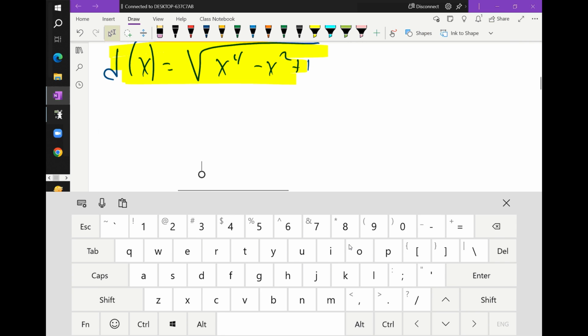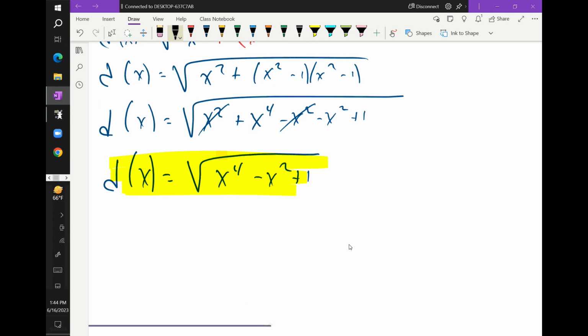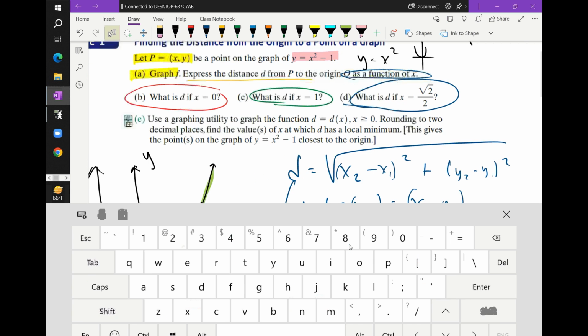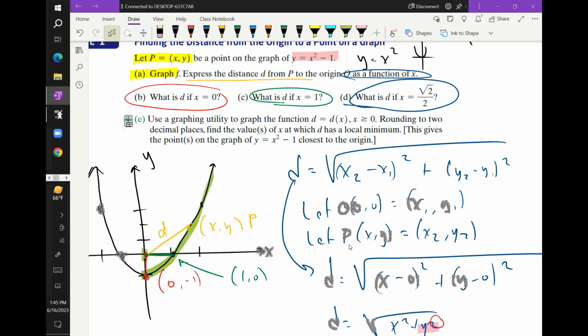Okay, so on that one, when we take a look at this graph again, this part up here, rounding to two places, find the value of x at which d has a local minimum.